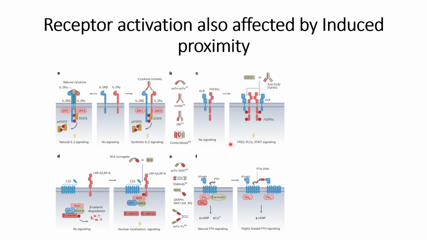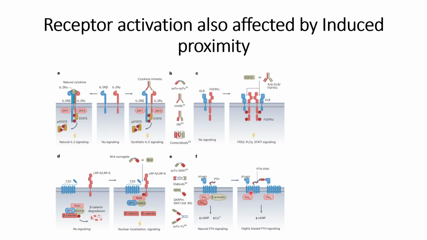And the last panel is about natural PTH signaling. Natural PTH signaling usually occurs when PTH binds to the PTHR1 receptors, which will cause complex formation in the downstream part: G alpha S, G alpha Q, beta arrestin. It will cause the upregulation of cAMP and Ca2 plus, which will trigger natural PTH signaling.